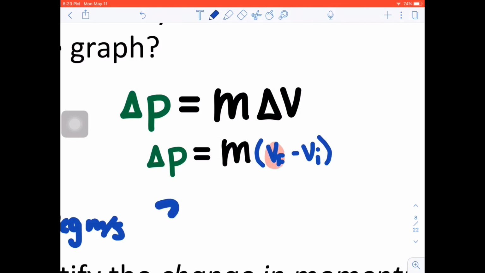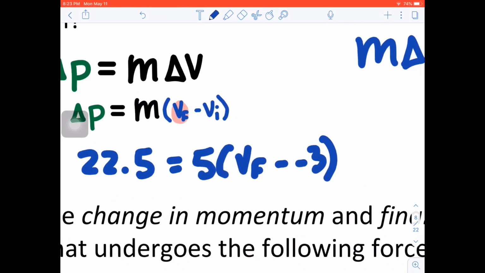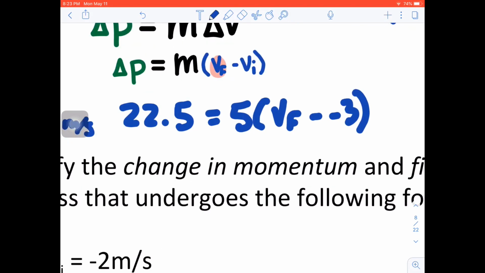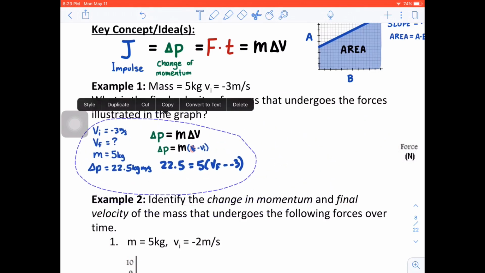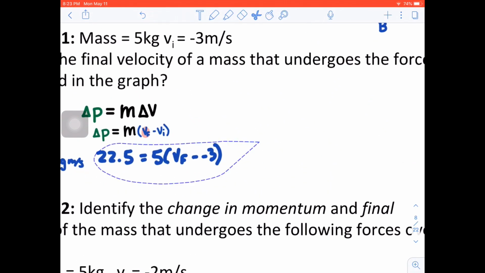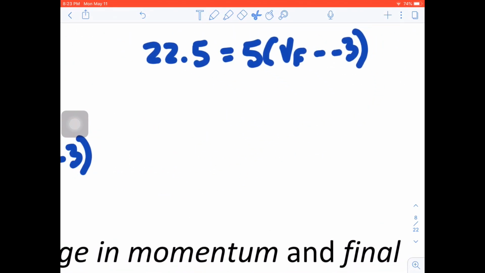We've got 22.5 is equal to 5 times Vf minus negative 3. The rest is really just algebra.